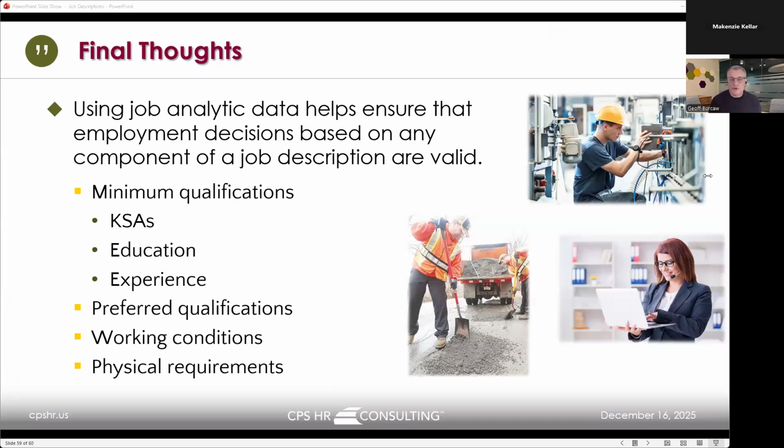Don't just assume that someone should have a certain kind of education or certain amount of experience, but work with subject matter experts to determine exactly what kind of background that would be. And the same with your preferred qualifications. You want to make sure they're based on your job analysis results because ultimately you might be using those to make those final selection decisions. So it's got to be completely job related to be valid and defensible.